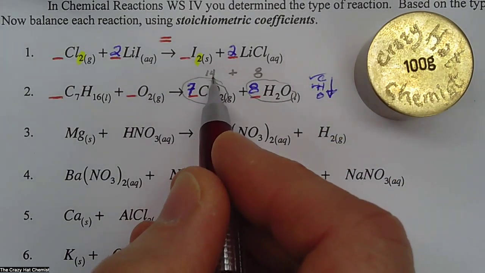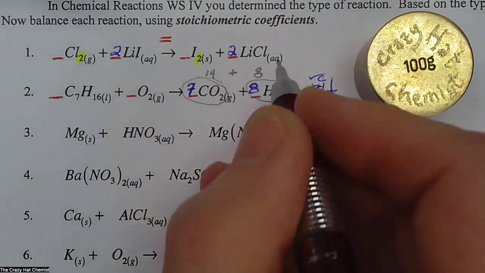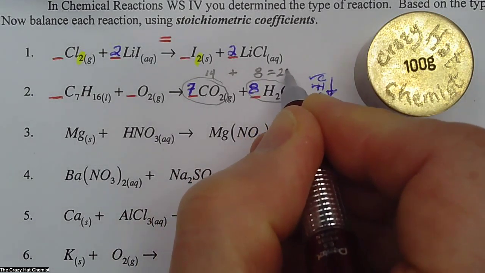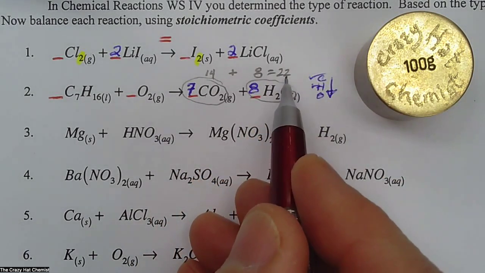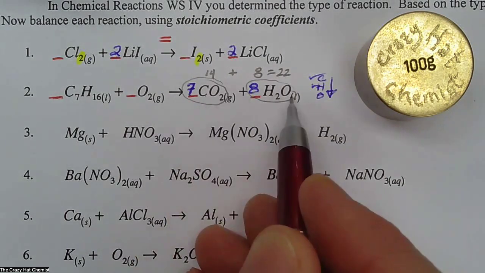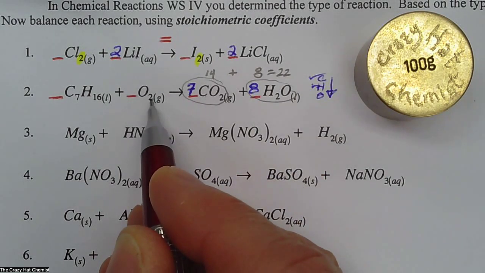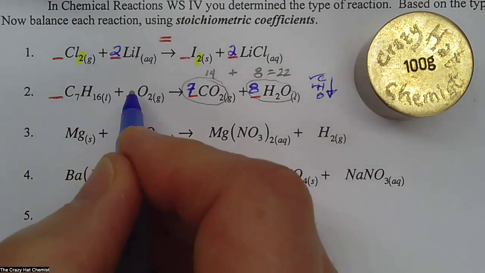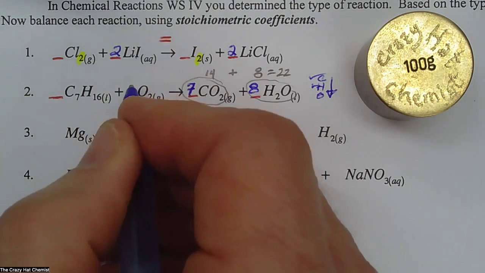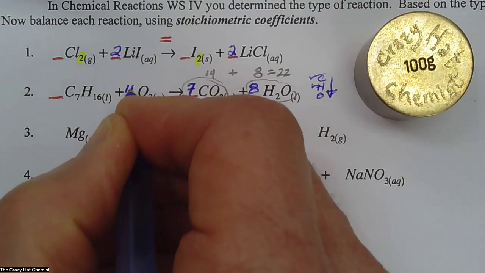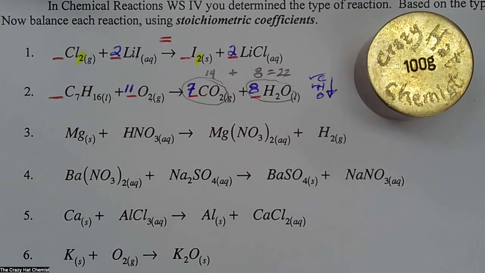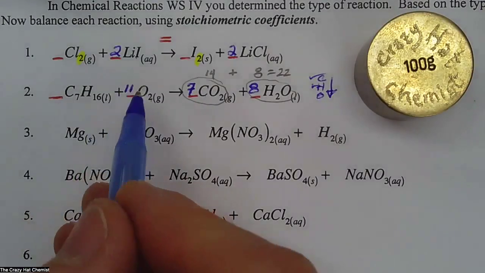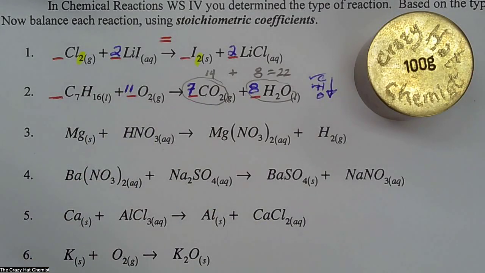That is 14 plus the 8, that is going to equal 22. That means there are 22 oxygens on the product side. I need 22 oxygens on the reactant side. So in order to make there to be 22 oxygens on the reactant side, I'm going to place an 11 stoichiometric coefficient in front of the O2. That'll be 11 times 2, that's 22.